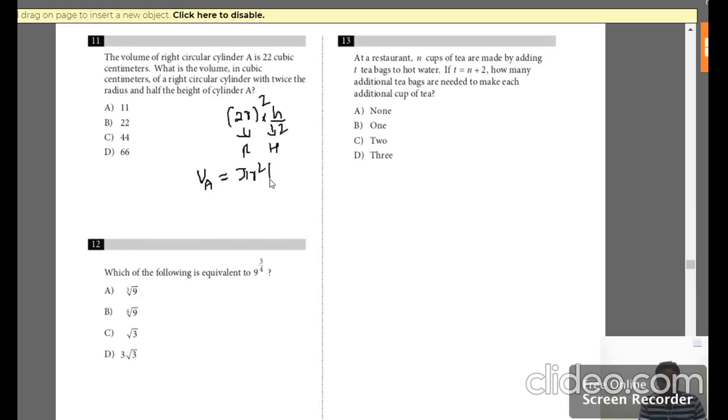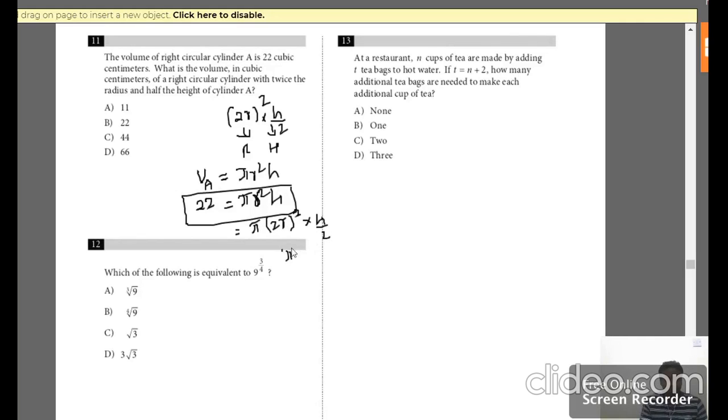Pi r square h. So already the volume is given, that is A. This is pi r square h. We'll keep it intact. Now they said if another volume, in that if the radius is twice and height is half, what will happen? So this will be like 2r square h over 2.